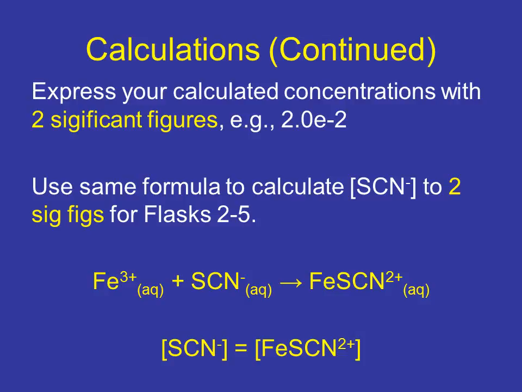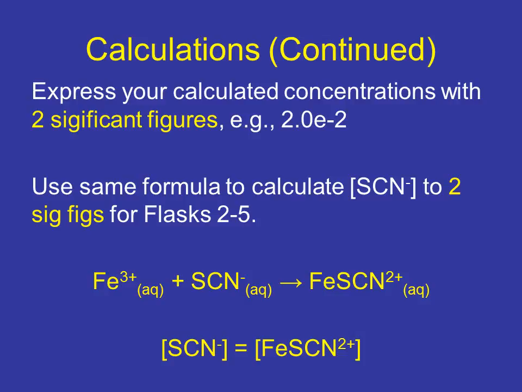Express your calculated concentrations with 2 significant figures and use scientific notation like the example I just gave you. Use the same formula to calculate the thiocyanate concentrations to 2 significant figures as well for flasks 2 through 5.